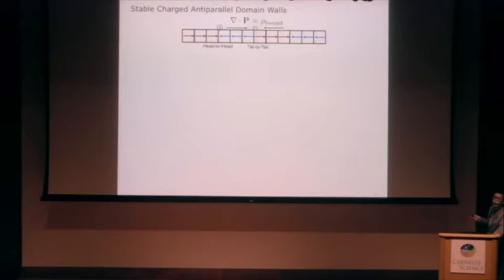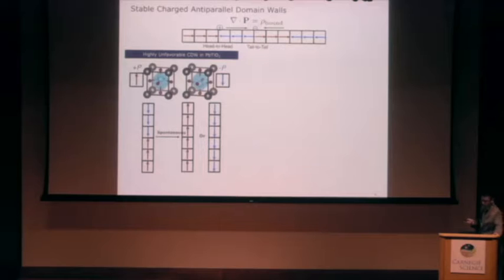This creates a huge depolarization field, which will kill the ferroelectricity. And this is indeed the case for conventional ferroelectrics like lead titanate. Even in a computer, essentially at 0 Kelvin, we can start with a configuration with charged domain walls, but during relaxation it will spontaneously transform to a single-domain configuration, because this configuration is not even metastable.